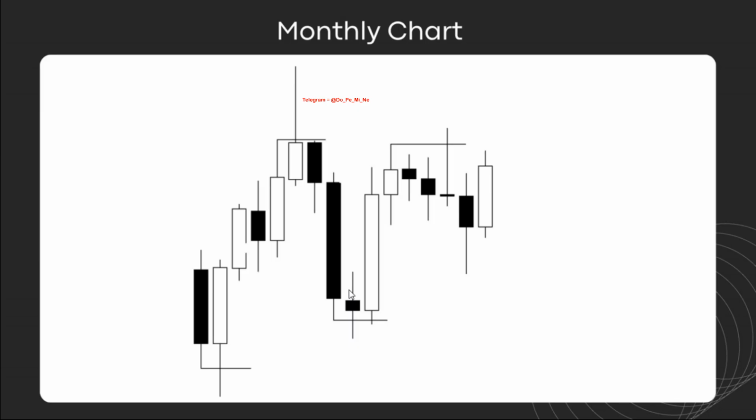Now imagine when you learn about the other concepts and you integrate those with this logical framework. Imagine how much it will assist you in finding a directional bias on the higher time frame, on the monthly time frame, right? That's the power of CRT in a logical framework. That's what happens when you look at price action with a logical perspective instead of a perspective that is predominantly based around patterns.